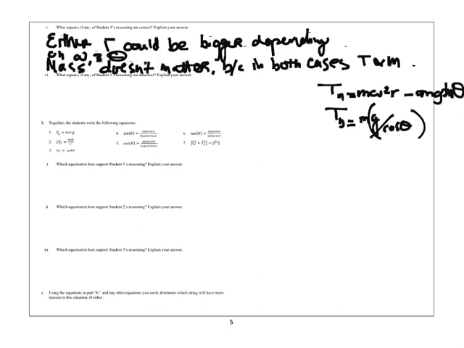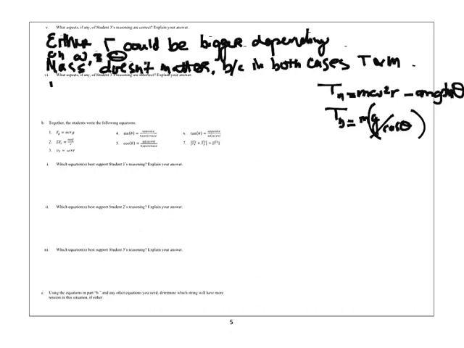The second claim that student 3 is making is that if omega is large, that we will have a small TH, and if theta is small, that we will have a large TH. Okay, so they're actually backwards.